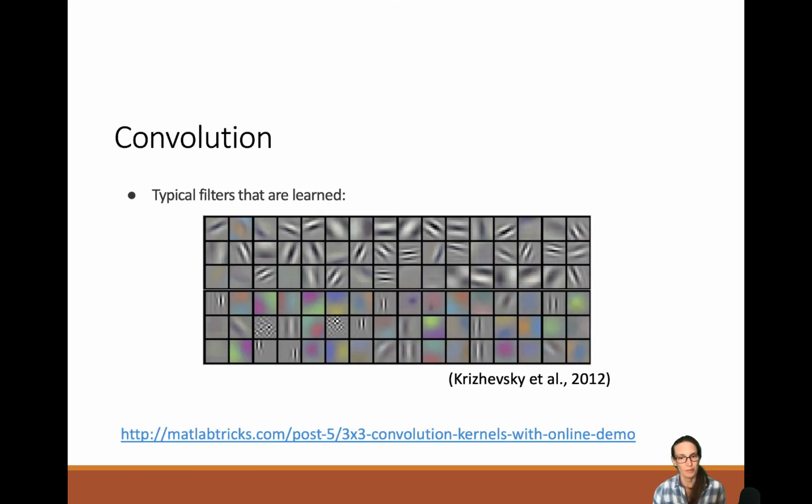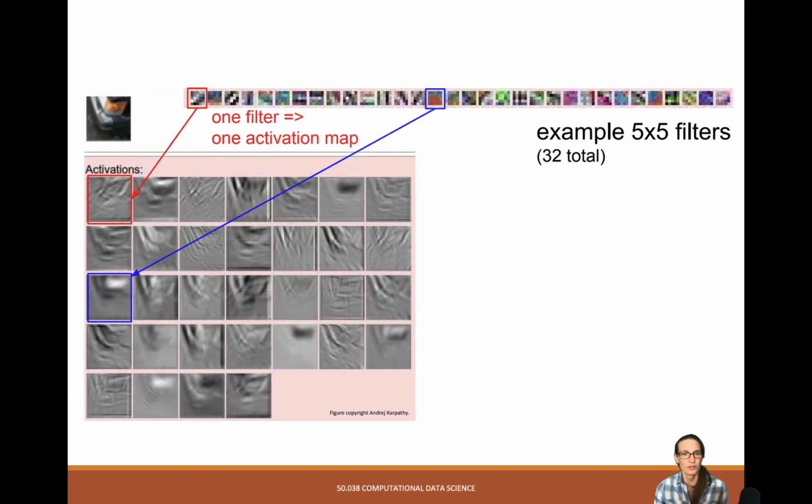Here are some examples of typical filters that have actually been learned by convolutional neural networks. You see that there's some edge detection going on and changes between specific colors. One filter always results in one activation map. Here are some examples of 5x5 filters which result in these feature activation maps.